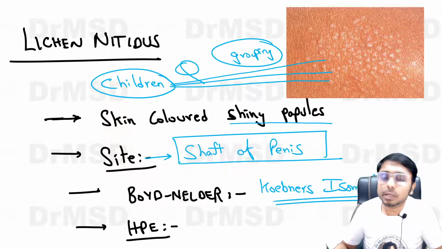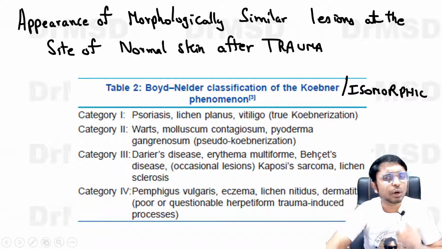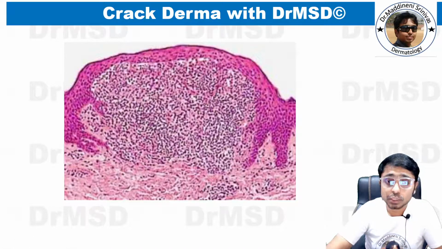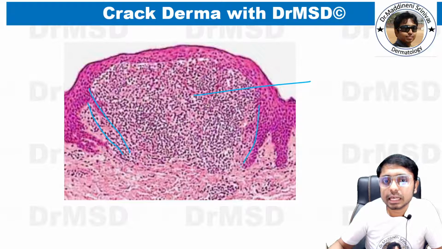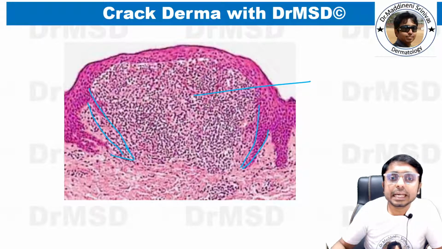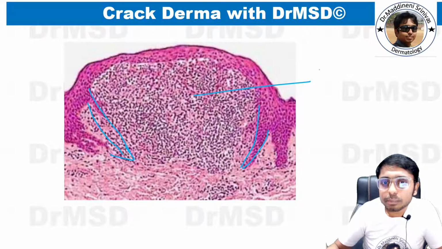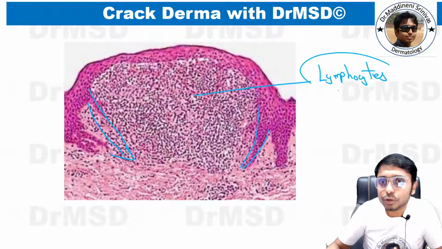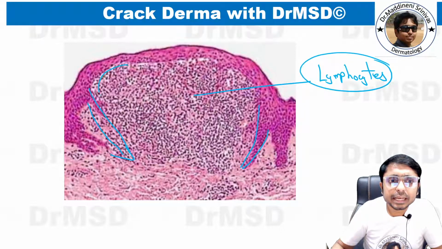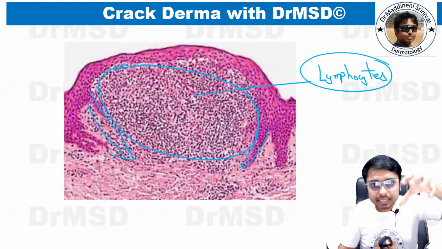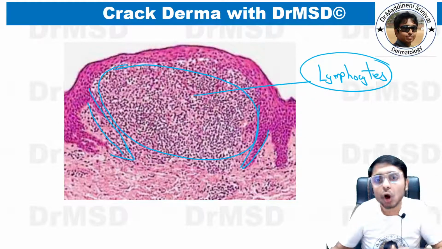Koebner's isomorphic phenomenon can be seen here, and in the histopathology also there is one very important finding which you must remember. You can see these are the rete ridges. In between these rete ridges you are able to see a collection of lymphocytes, appearing like a ball, and these rete ridges are appearing like a claw.